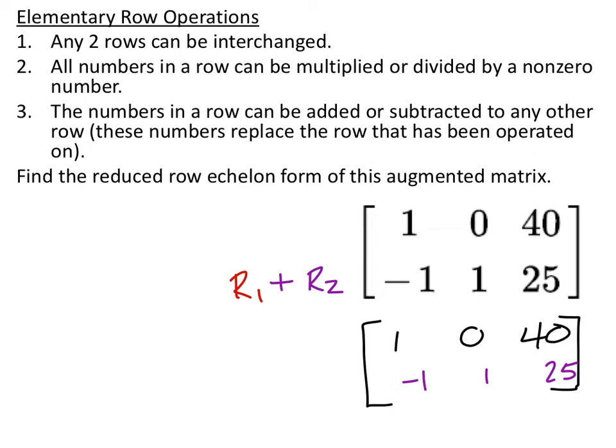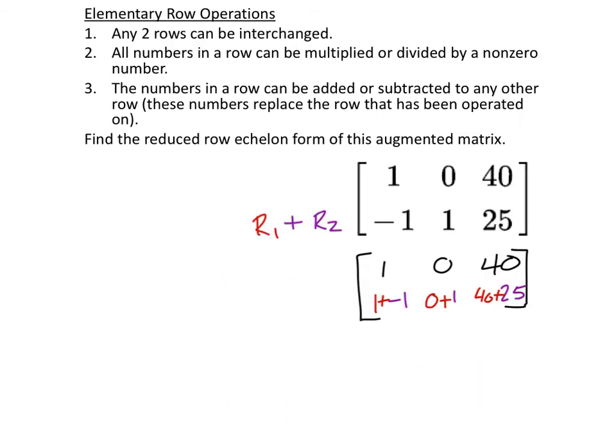Now I'm taking row 1 from the columns and adding those to the second row. So what is the first column in row 1? 1. And I'm going to add that to negative 1. Now I'm in the second column, which was 0, and I'm going to add that to the 1. Then I'm going to go to the third column, and in the first row it was 40, and I'm going to add that to the 25.